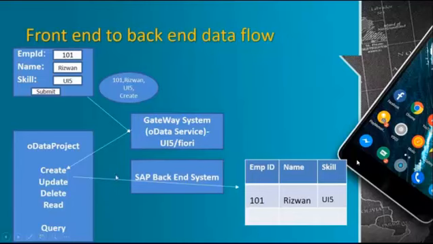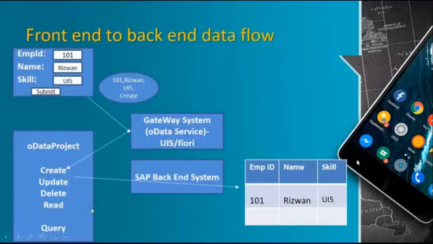So there is a mediator, and that mediator is the OData service. What is an OData service? An OData service is a replica of your business logic. If you call this OData service, it will internally call the corresponding methods.